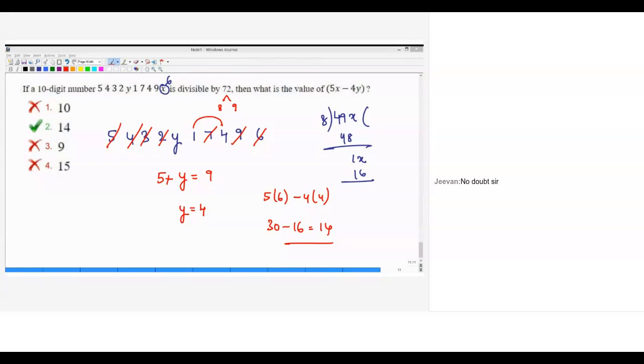Shruti, you said no, which means do you have any doubts? If you have any doubt, please ask. Right.